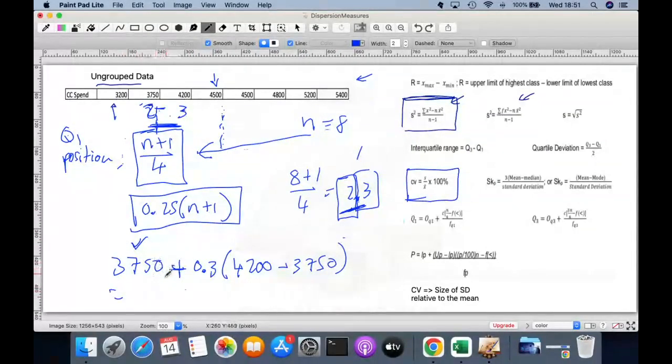If you work this out, you'll get a value of 3885, and that is the first quartile. That is the answer.